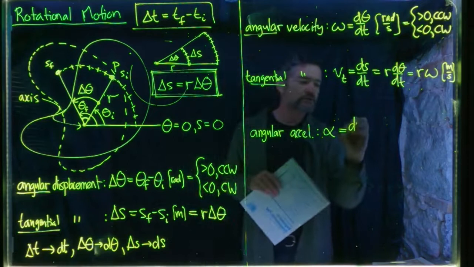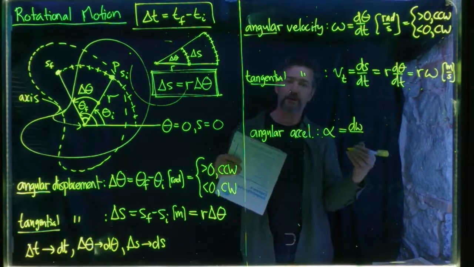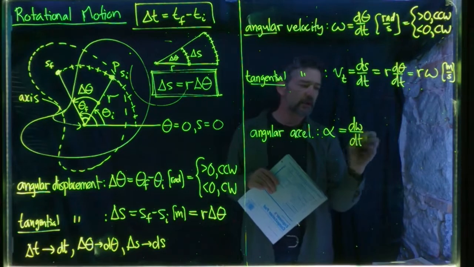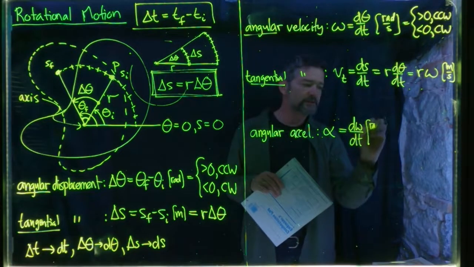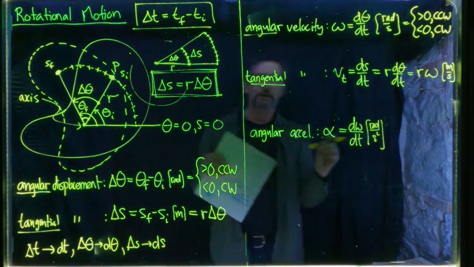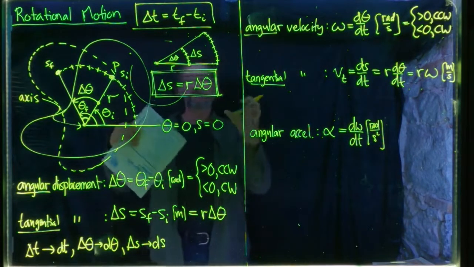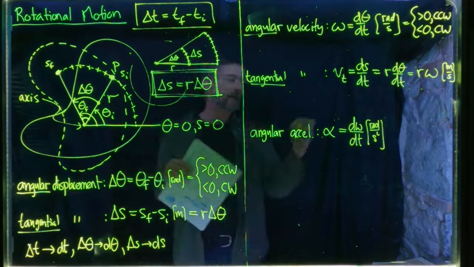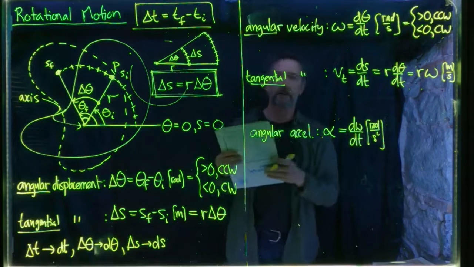So we have a certain angular velocity in radians per second. It's the rate at which that's changing. So it's d omega dt, and it's measured in radians per second squared. For example, it's initially rotating at 5 radians per second, and then in 1 second it changes to 6 radians per second. And so the angular acceleration is 1 radian per second squared.